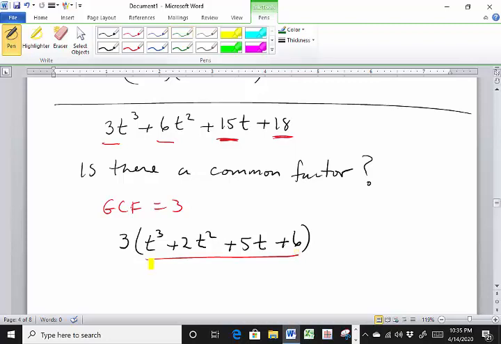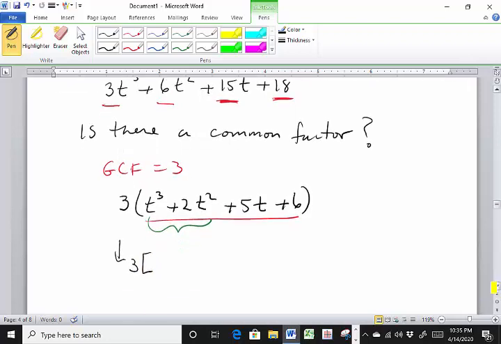So if I look at the first 2 terms, I do have a common factor of t squared. I went into the motions here. Let's just say I have 3, and the common factor here is t squared, and that's t squared times t gives me t cubed, and then t squared times what gives me 2t squared?